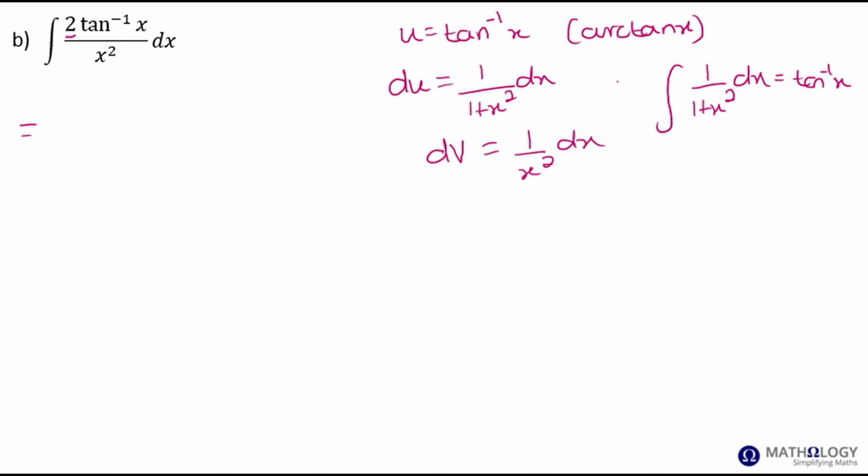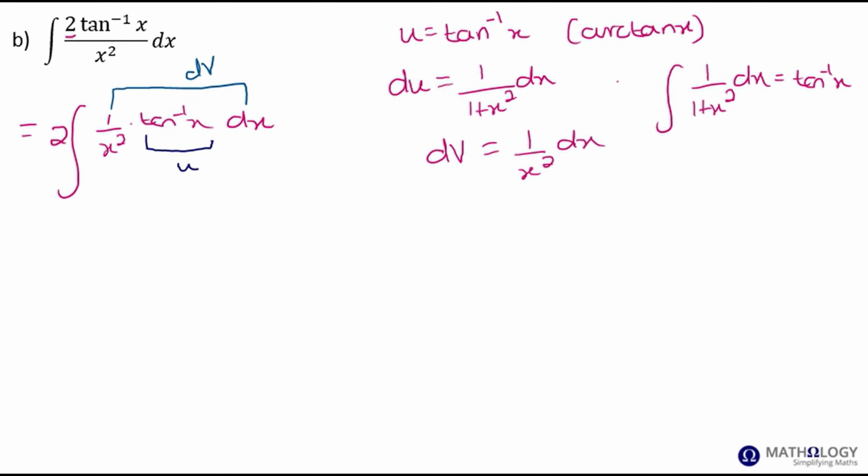So we're going to pull the 2 out, and what we have is 1 over x squared times tan to the minus 1 x dx. Tan to the minus 1 x is u, and 1 over x squared times dx is dv.